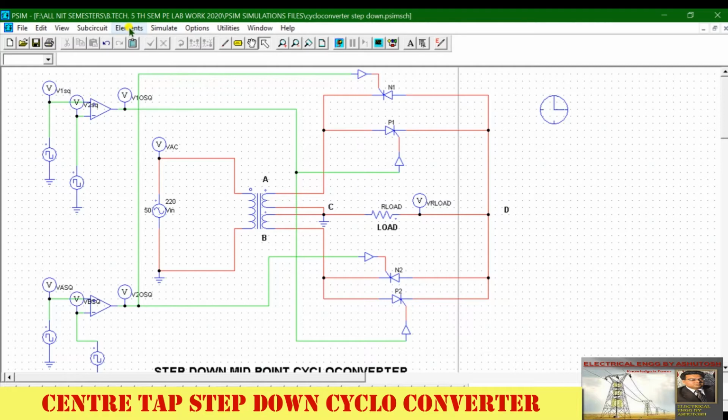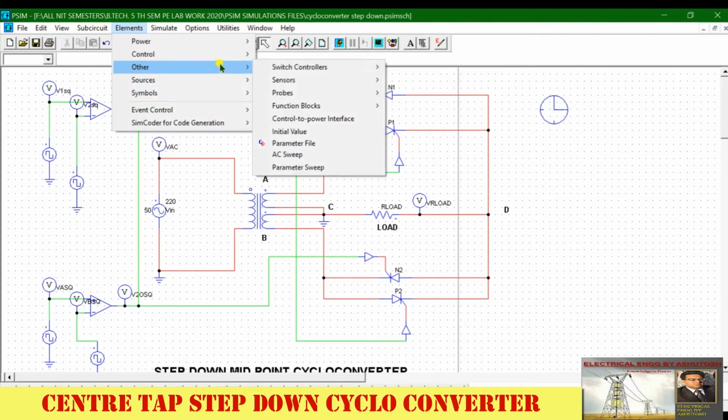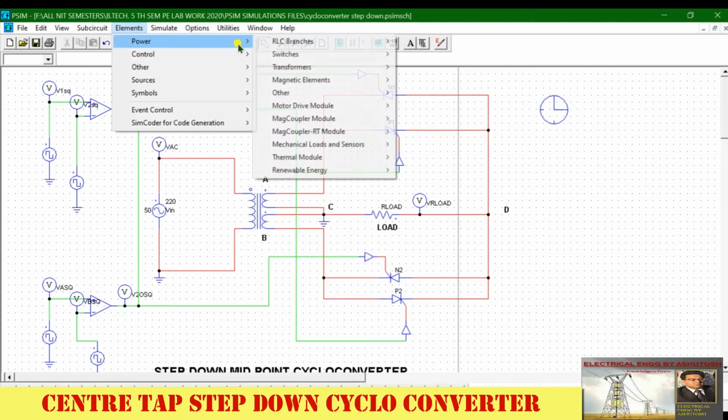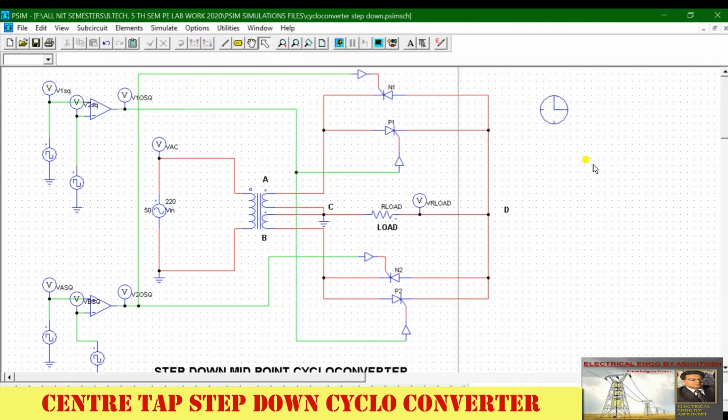You can get it by going to the elements, then control, then power, then transformers, and you can choose a single phase 3-winding transformer from here. Then I have connected a resistive load here. This is the midpoint step down cycloconverter.